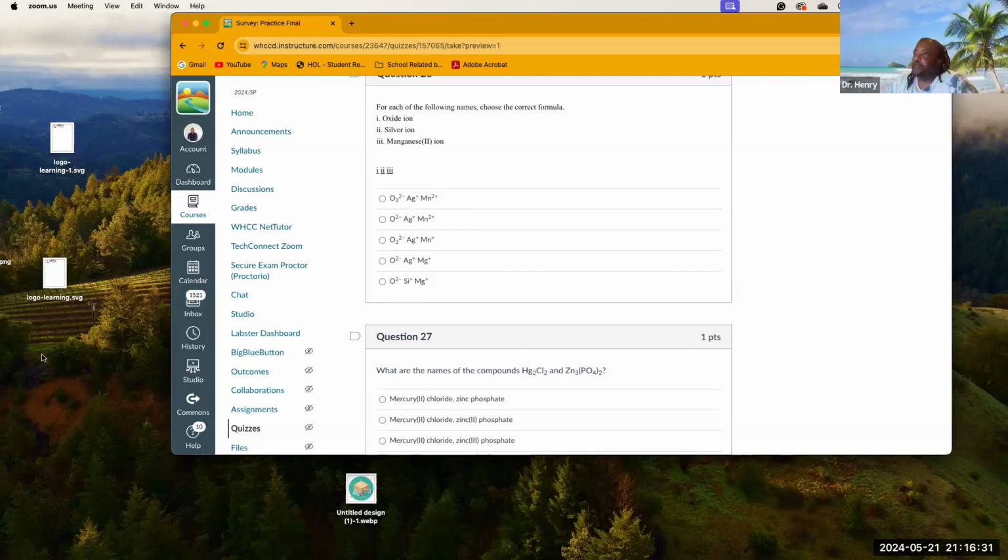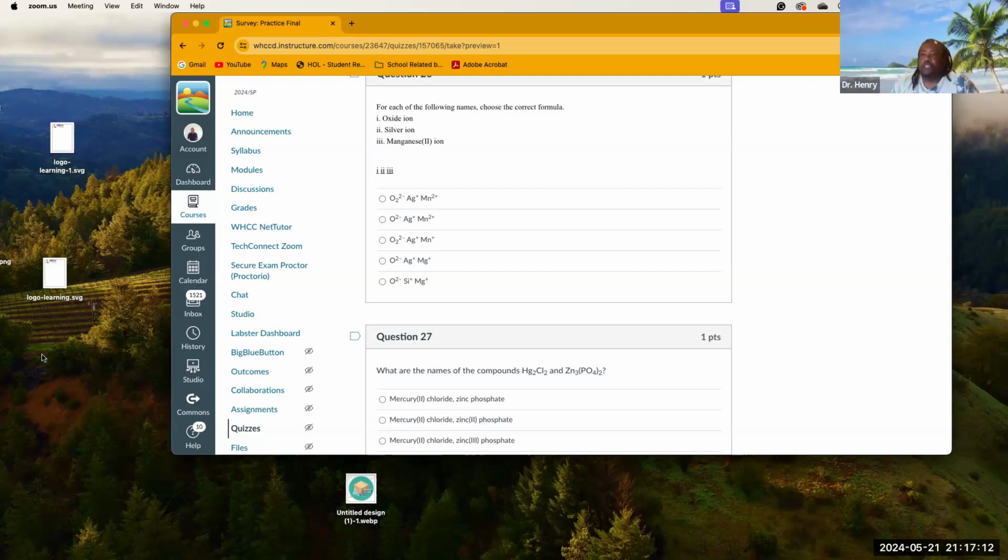So for each of the following names, choose the correct formula: oxide ion, silver ion, manganese(II) ion. So is it A, O2 2 minus, Ag plus, Mn 2 plus? Is it B, O 2 minus, Ag plus, Mn 2 plus?